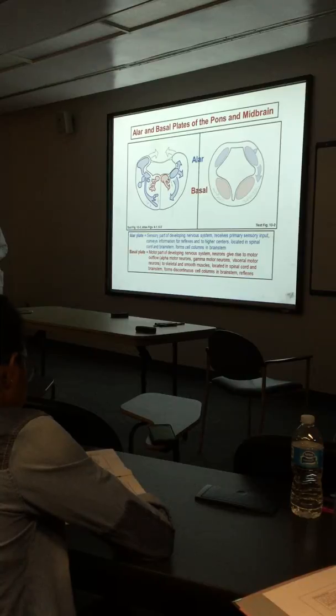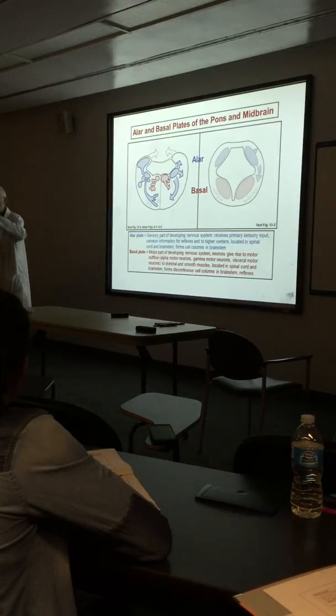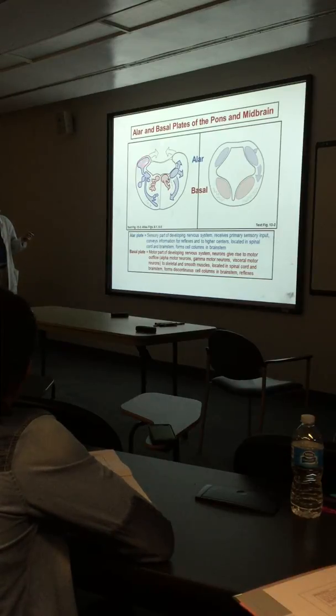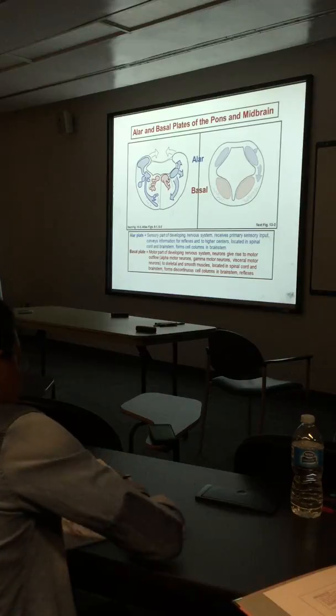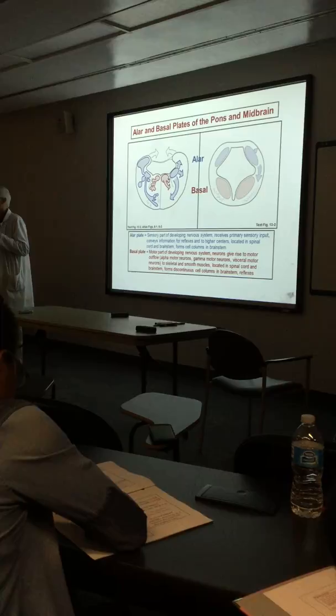The other thing that's kind of interesting, if you think of the alar plate as receiving stuff coming into it, and that stuff then is going to be processed and distributed. You see here, we have a big chunk of the alar plate that's migrating up, and that will become the cerebellum. So the cerebellum largely originates as a derivative of the alar plate. Now, why is that? Well, in general, we can say this. The cerebellum receives lots of incoming stuff.